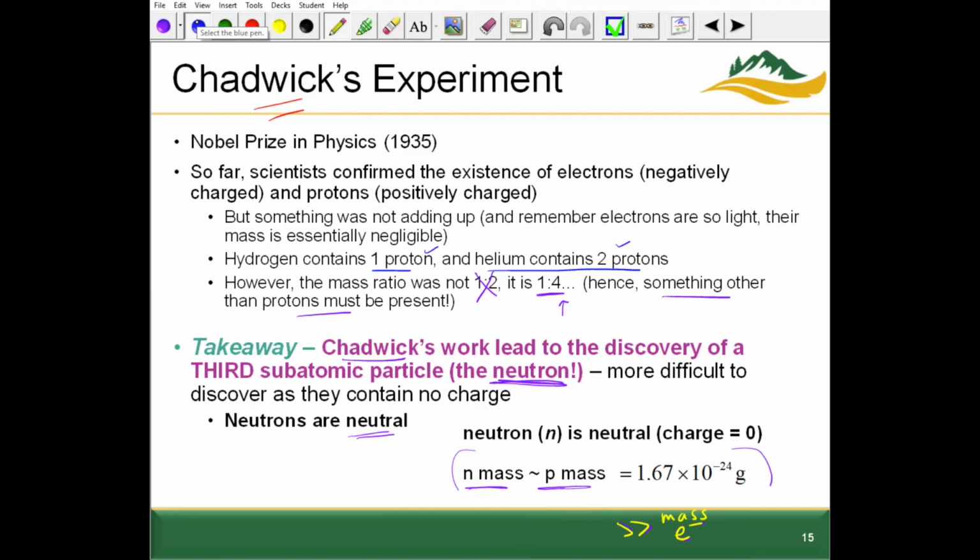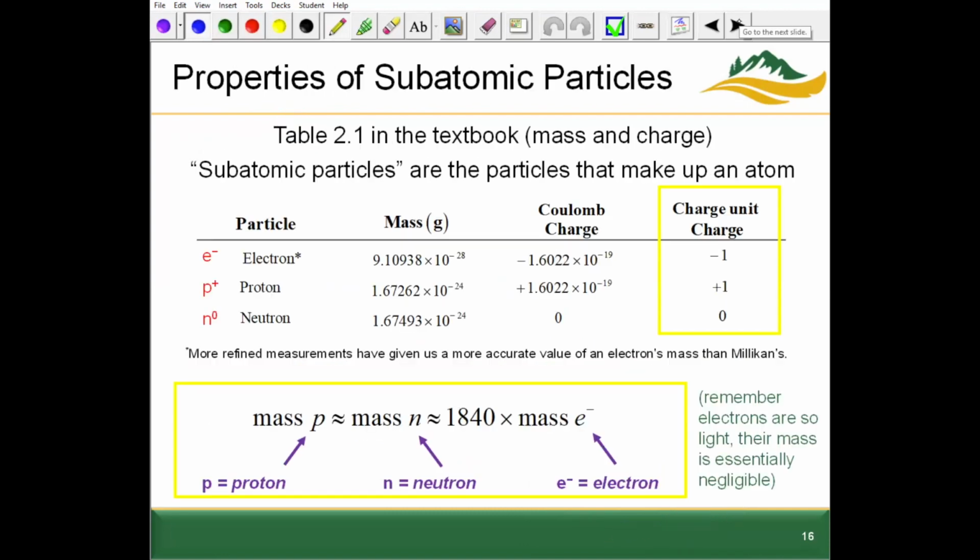Okay, so these are the important historical discoveries, and now we'll move on to some properties of these subatomic particles that were discovered. What's important to know here, electrons, represented usually as that lowercase e with the negative sign, they are negatively charged. Protons, represented by that lowercase p with the plus sign, they're positively charged. Neutrons, you might see like this sometimes, or just a lowercase n.